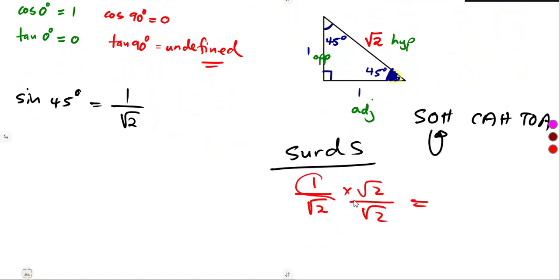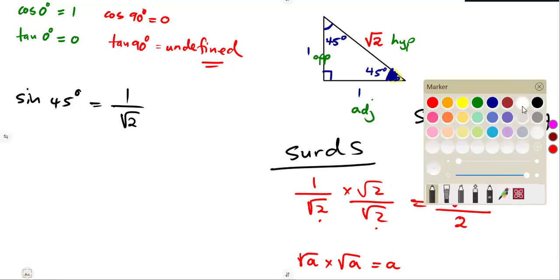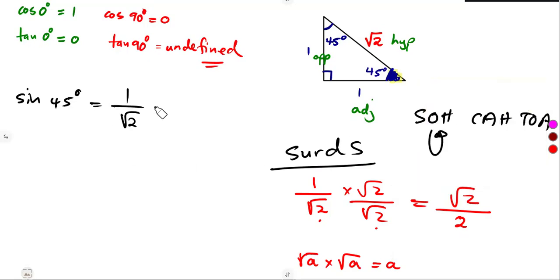So that's 1 times square root of 2 is going to give us square root of 2. Square root of 2 times square root of 2, remember square root of a times the square root of a is equal to a from our laws of surds. So this one times this one is a 2. So meaning to say, as a simplified answer here, this will give us square root of 2 over 2.